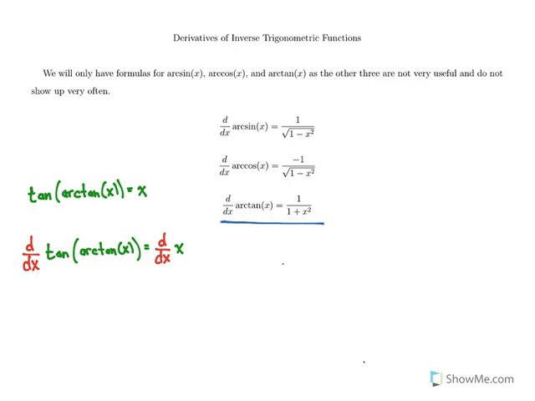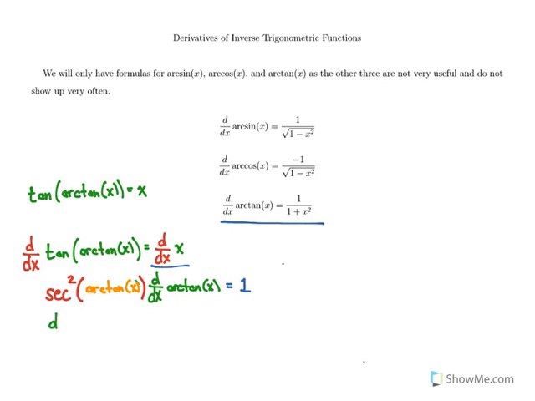Chain rule says that we need to take the derivative of the outside function, that is secant squared. We are going to leave the inside function alone, and we are going to multiply by the derivative of the inside function, and this is all equal to 1 because of the derivative of x.